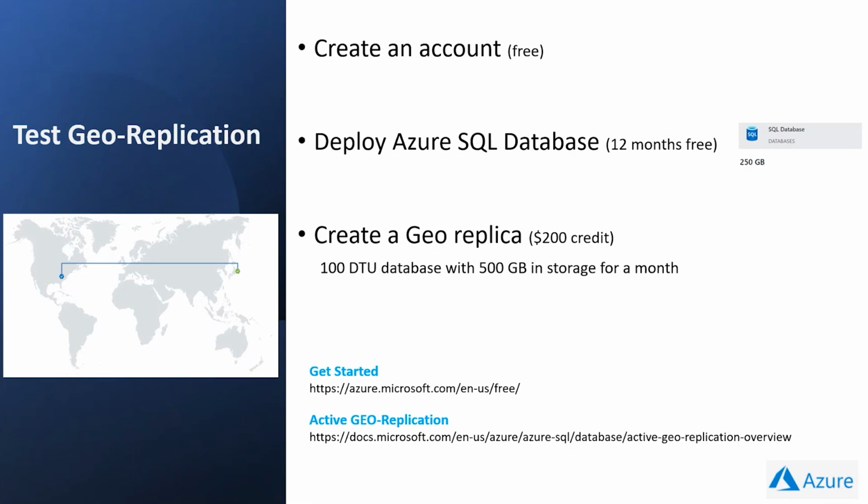We also have 25 services that are always free, but in this case, Azure SQL specifically is 12 months free. And also you can create a replica. We give you a $200 credit. Let's say you deploy a replica, 100 DTUs is like one vCore with 500 gigabytes in storage. So you will have a replica for 1 month.